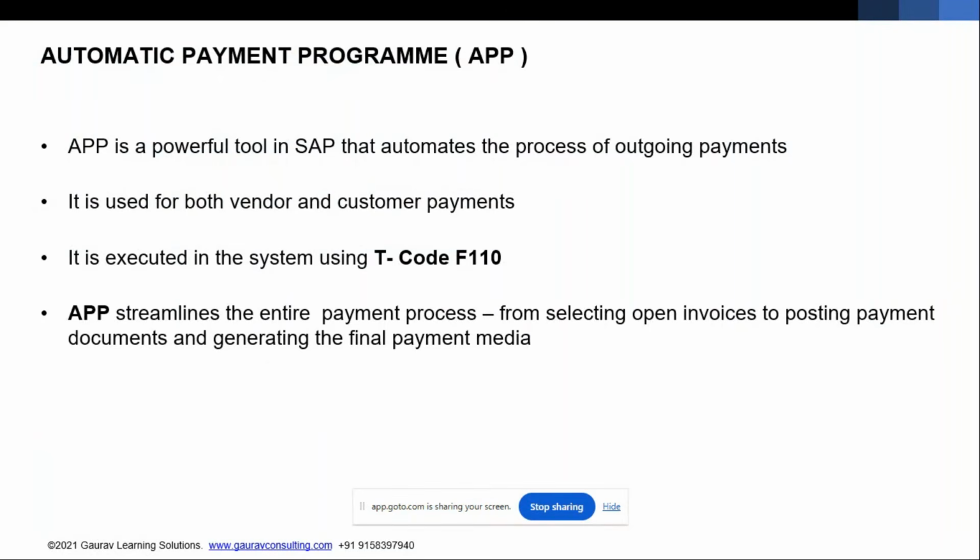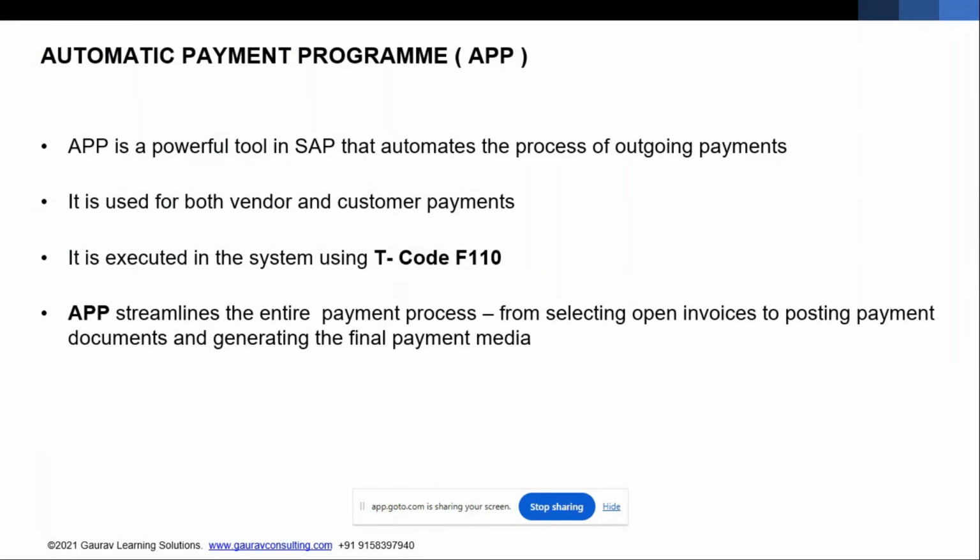So it is used for both vendor and customer payments. There are instances where we need to pay our customers, so we can use APP for that. In easy access, it can be executed using the T code F110.